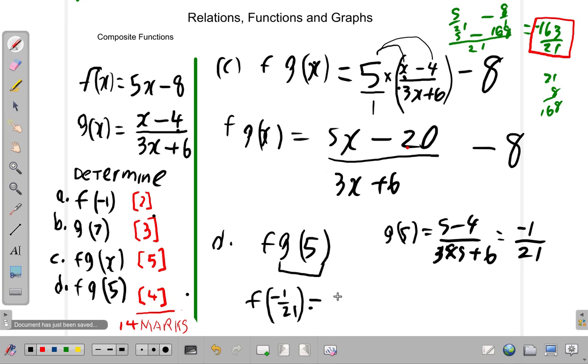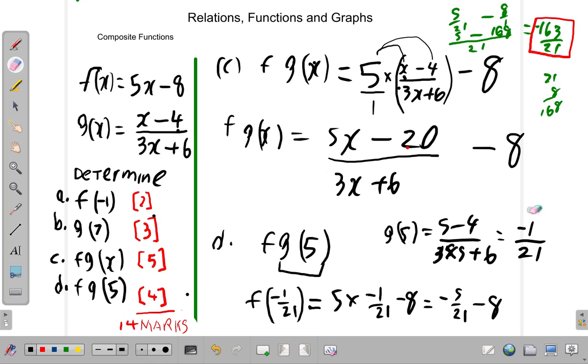So what we have now is 5 times negative 1 over 21 minus 8. What does that amount to? Is negative 5 over 21 minus 8. Right? Oh, this is a positive. My mistake.